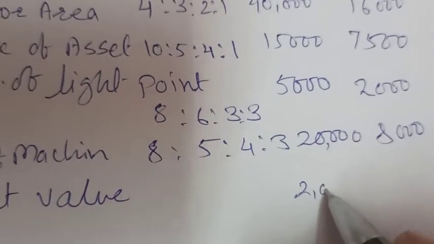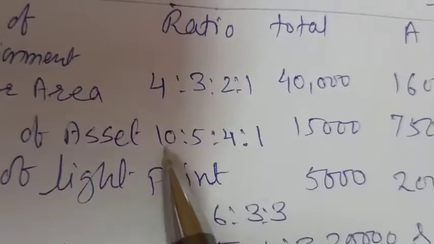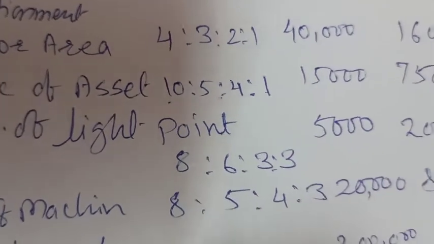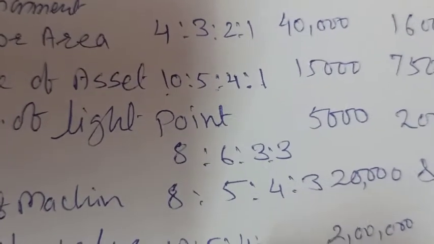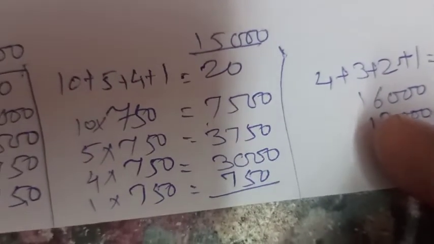Amount is 2 lakh, and the ratio of asset value is 10 is to 5 is to 4 is to 1. We already calculated this. So 10 plus 5 plus 4 plus 1 is 20. So 2 lakh divided by 20 is equal to 10,000.